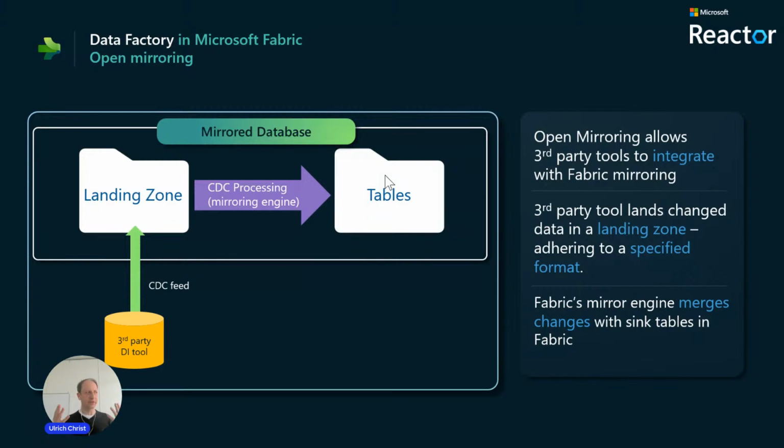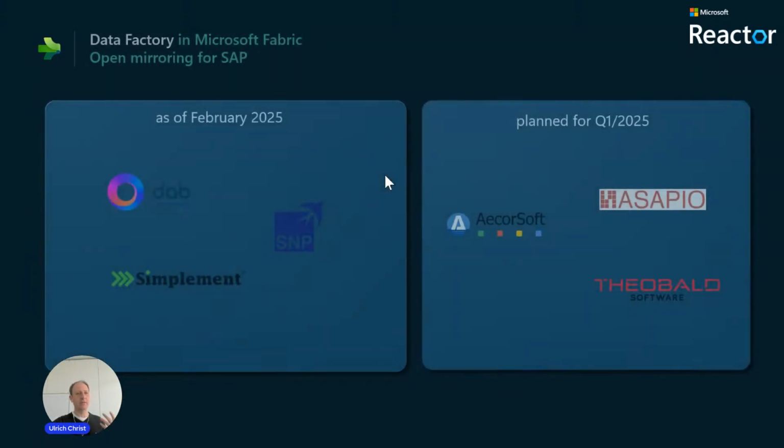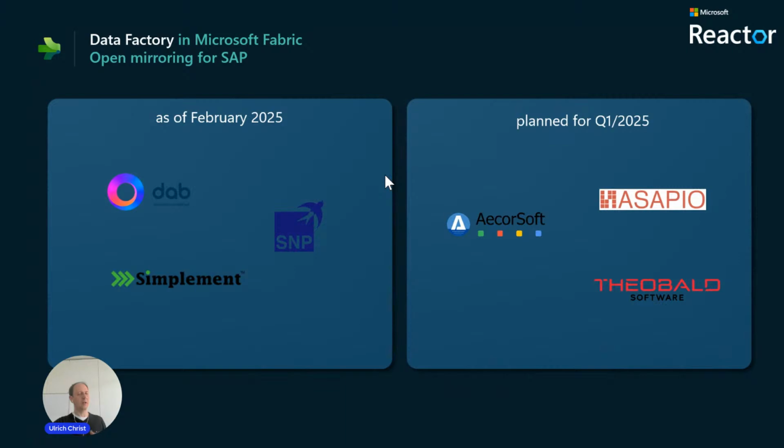So that's the story around open mirroring, and that's also how I talked about Oracle. That's also how we do it for the SAP space. So all the partners which I mentioned earlier, DAB, S&P, Simplement, Microsoft, Asapio, Theobald, they're all working on that kind of integration with open mirroring, which basically means that all of these tools will very soon be capable of providing capabilities or configuration in their tool that allows you to trigger open mirroring from their side and integrate in the way which I just described, right?